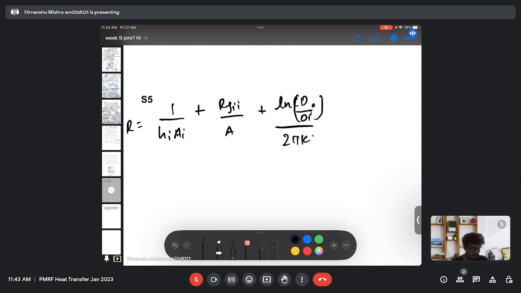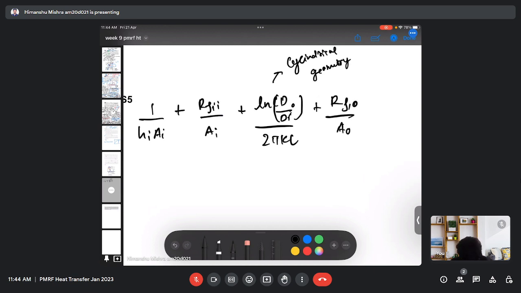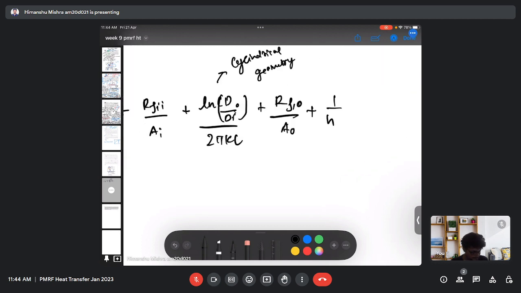Since my walls are cylindrical, this is the resistance for the cylindrical geometry, which we have done in our initial weeks. And then the fouling factor at the shell side, and then my heat transfer coefficient at the outside.